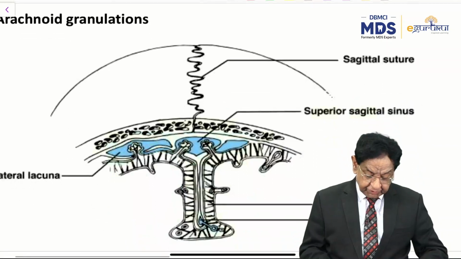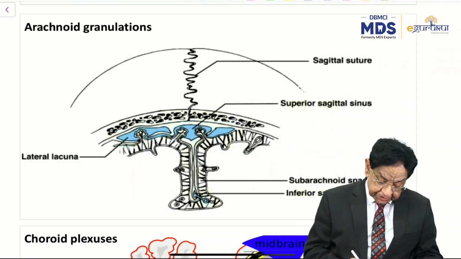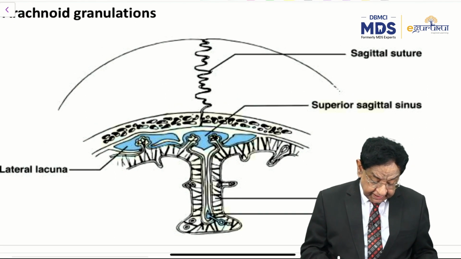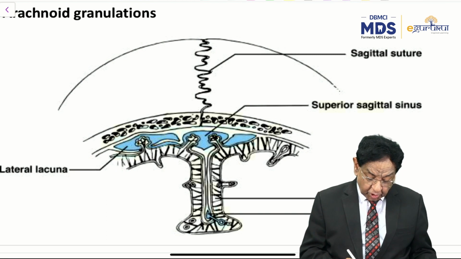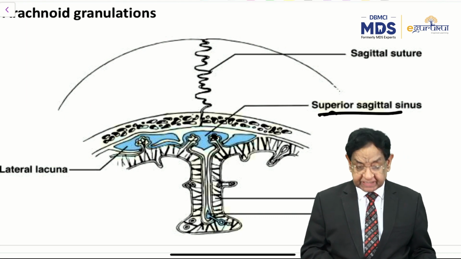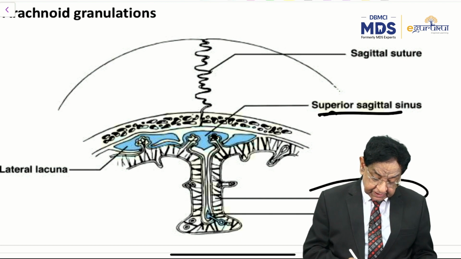Now this is the beautiful arachnoid granulation. Look, these granulations are there, and they are absorbing CSF into the superior sagittal sinus. Okay, look, this is the subarachnoid space.